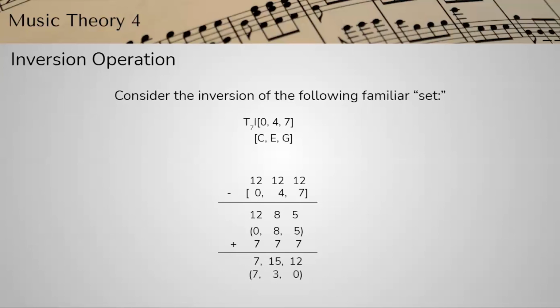So when we do our modulo, we end up with 7, 3, 0, and that is no longer our normal order. So to put that in normal order, we end up with 0, 3, 7. So now we've proven that 047 is equal through inversion to 037. And if we look at what 037 is with notes, we'll see that it is in fact a C minor triad.